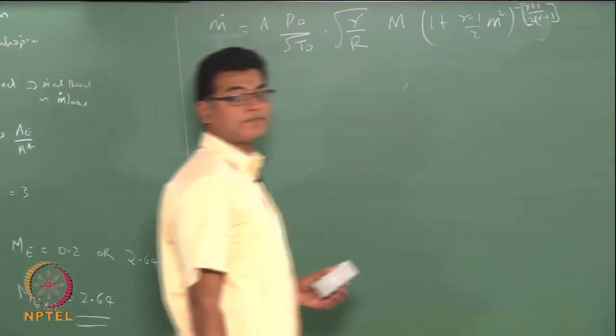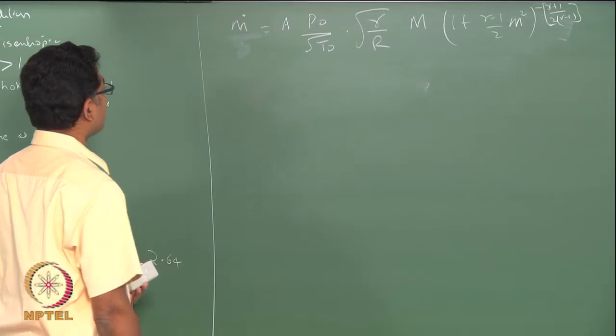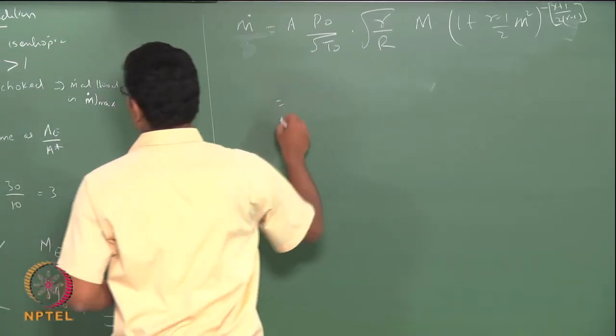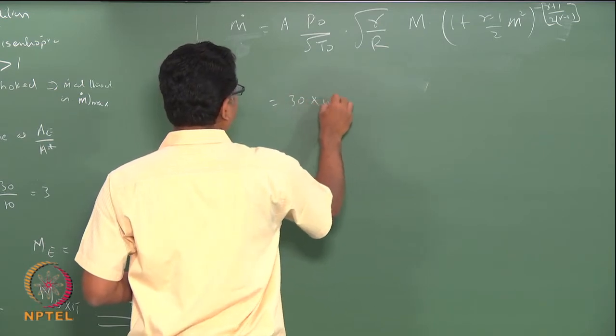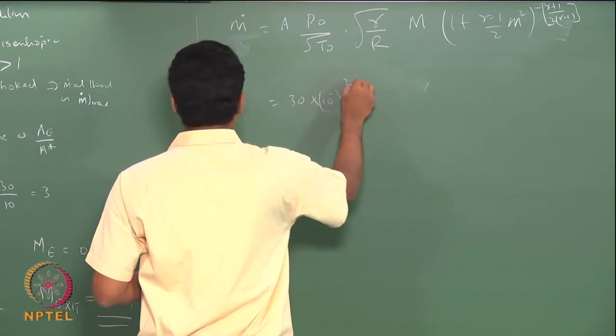Okay. So, my area at the exit is 30 into 10 power minus 3 the whole square.